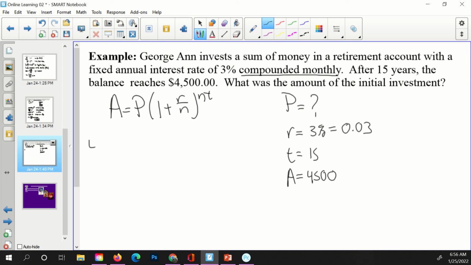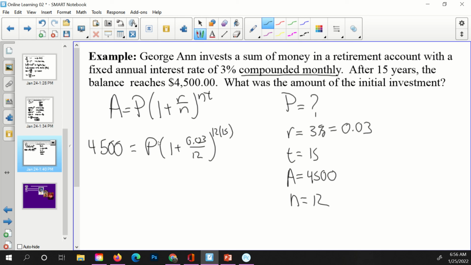So I have all of the variables except for the one that I'm looking for. I can plug in. I'll go 4,500 is equal to P times 1 plus 0.03 all over n, apologize, didn't know n, but compounded monthly. There are 12 months in a year, so we'll put a 12 down there, and then we'll go 12 times 15 up here because I have 15 years.